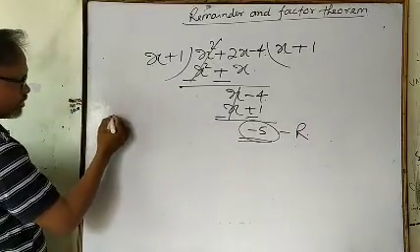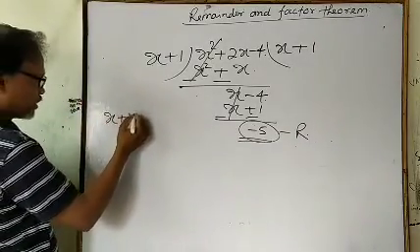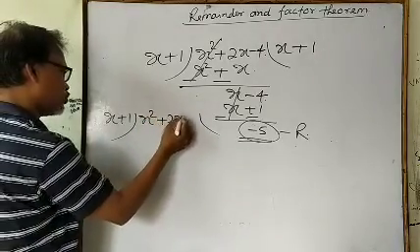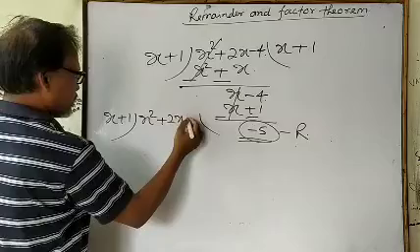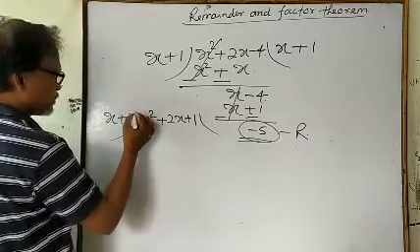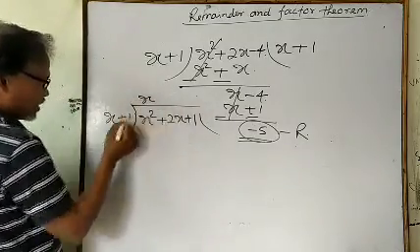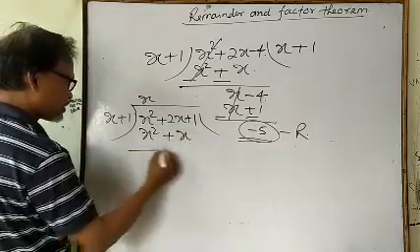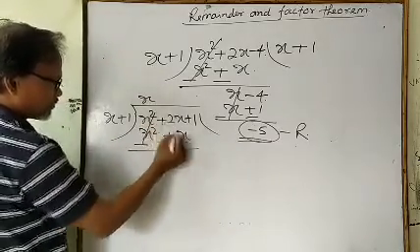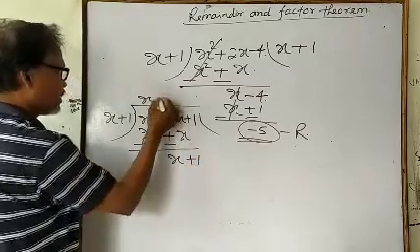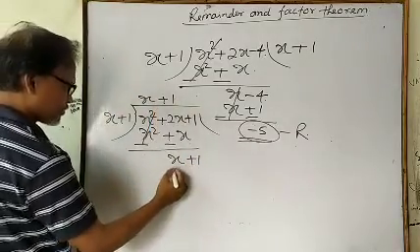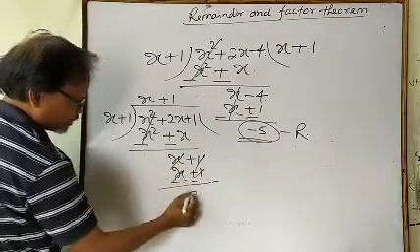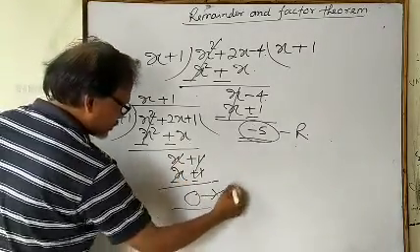Second example, when you have x plus 1 and it is x square plus 2x plus 1. So when you divide this by x plus 1, you will get x plus 1, and in this case the remainder is 0.